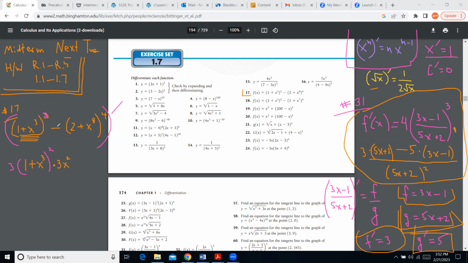Now I'm going to put a minus sign and look at the second parentheses, which is raised to the power of 4. So I'm going to have to put the power of 4 in front, just the way the derivative of a power works.